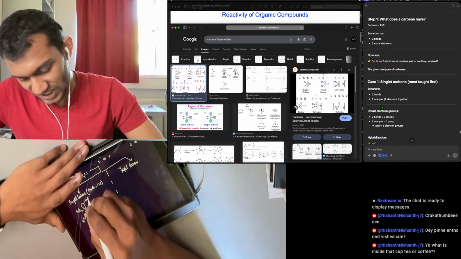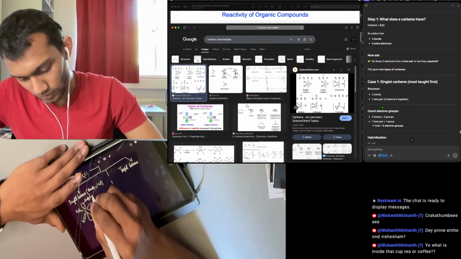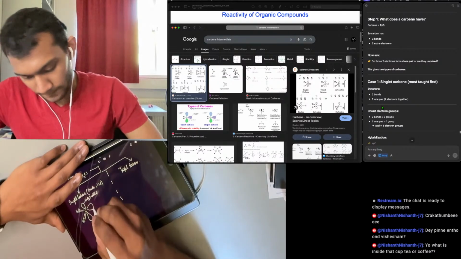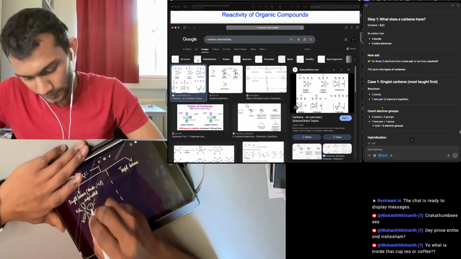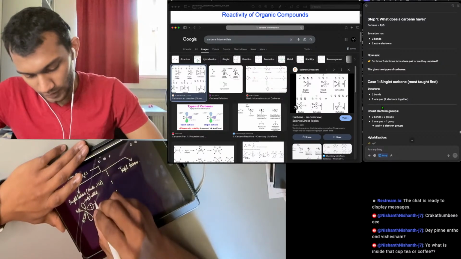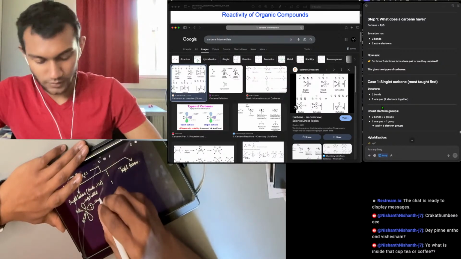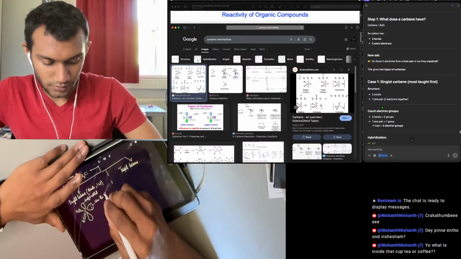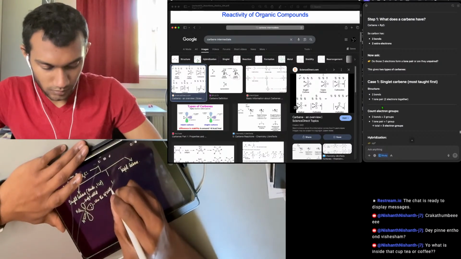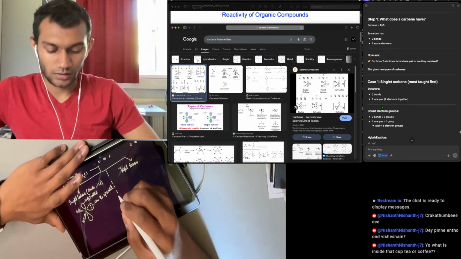Empty p orbital, a lone pair, LP on the sp2 orbital, right?